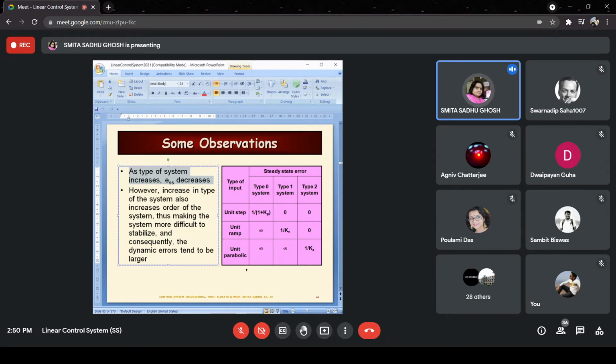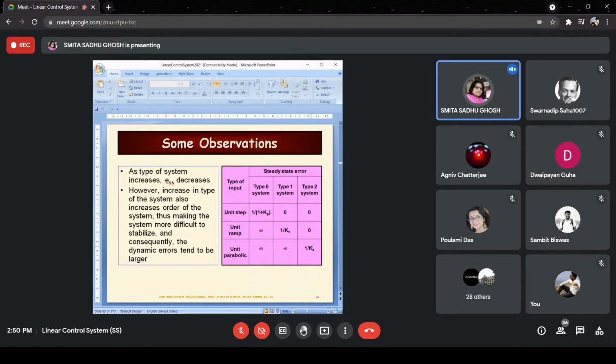Now, of course, this might lead to a false impression that, okay, if I design a system, I will go for a system which has a type which is high. Naturally, the steady state error is going to be lesser compared to another system which has a smaller type, isn't it? It's evident from here because the higher the type, the steady state error tends to decrease for the same input, right?